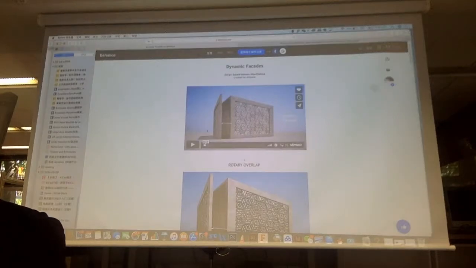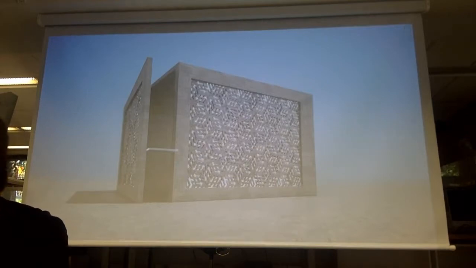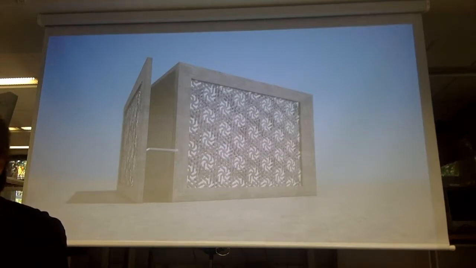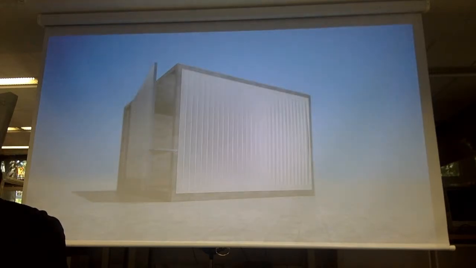The first one is called 3D display. It is like a screen on the surface of the buildings to present pictures or images.